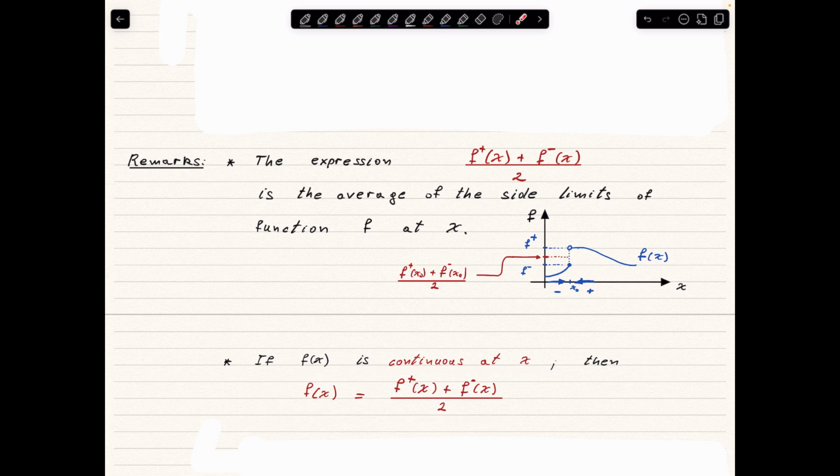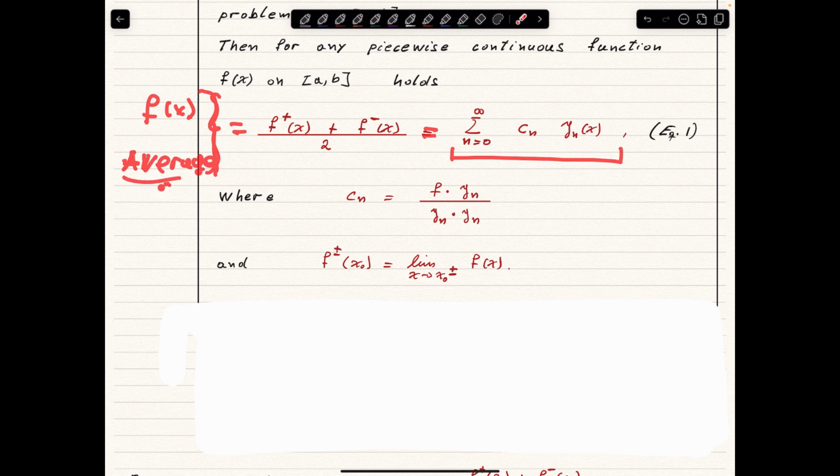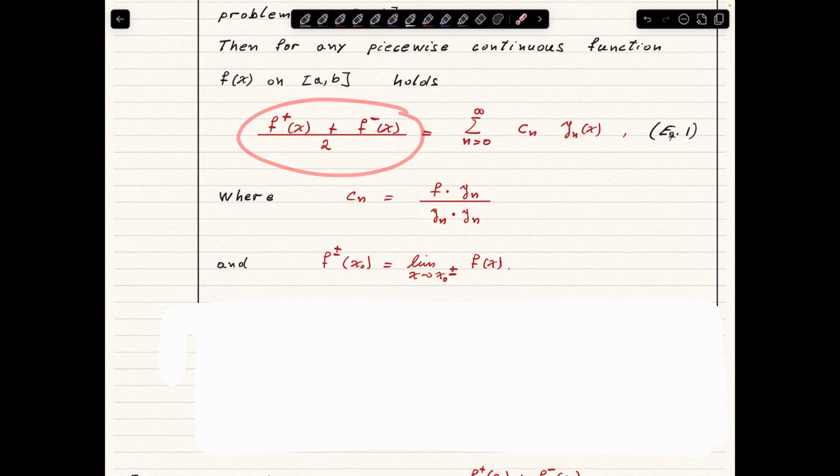So what we are saying here in this expression is that this expansion of the function is actually equal to f of x if f is continuous, and otherwise is the average of the side limits, in the case the function is discontinuous. So when the function f is continuous, this whole thing is equal to f of x. Otherwise, the average of the side limits.